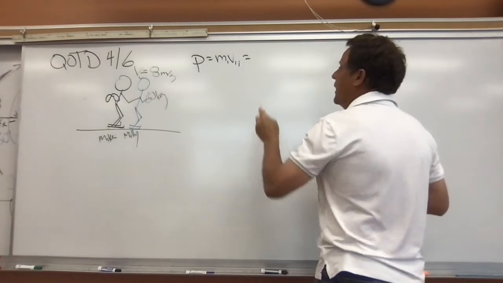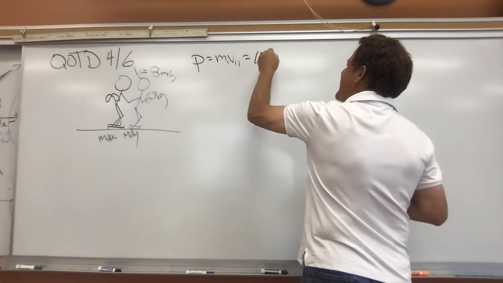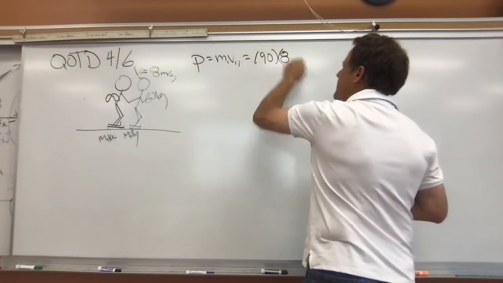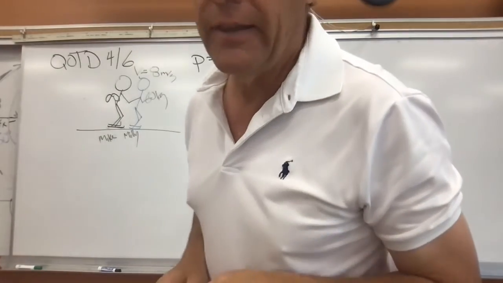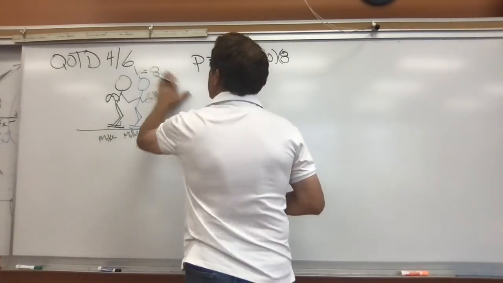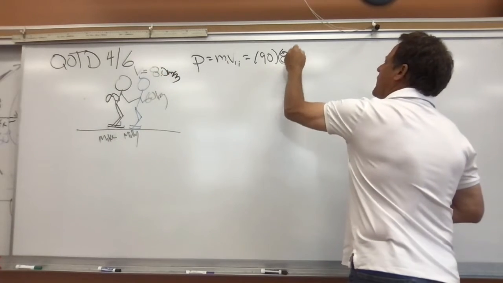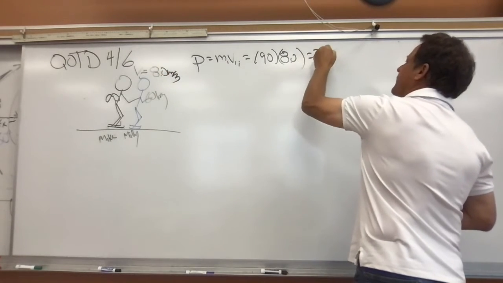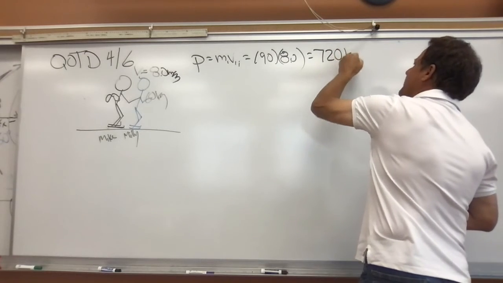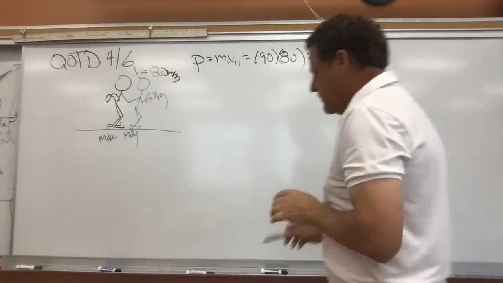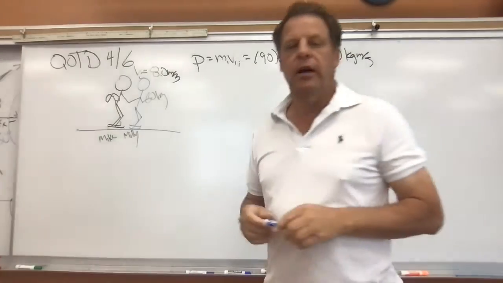So we're going to have 90 times 8.0 meters per second, and therefore we're going to get 720 kilogram meters per second. That is going to be the initial momentum of Mike.